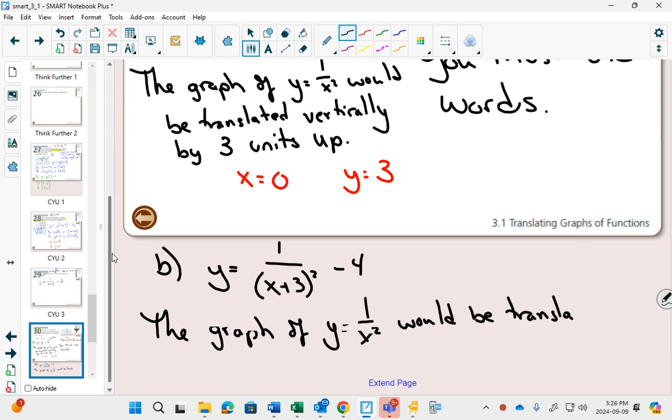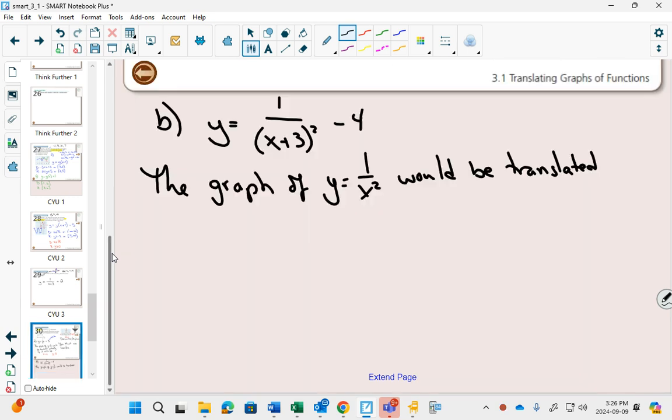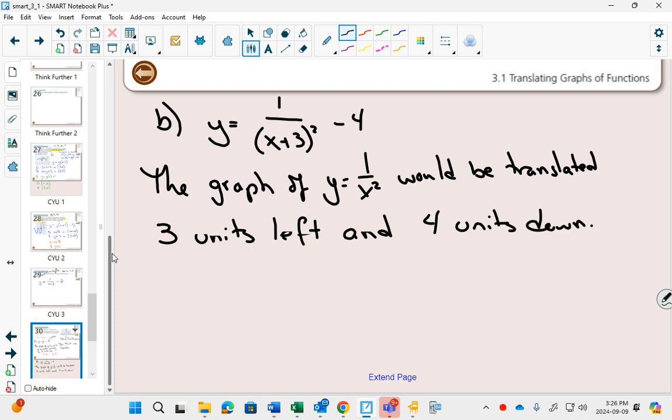So the graph would be translated three units, x is our liar, so that would be 3 units left, and four units down.